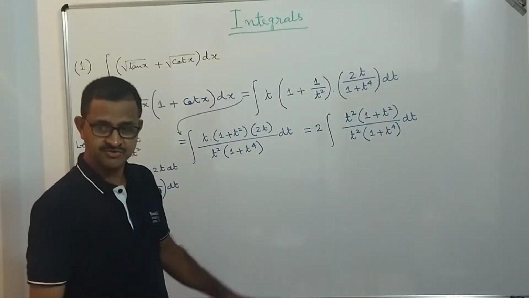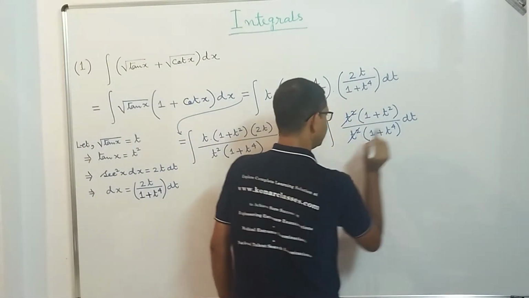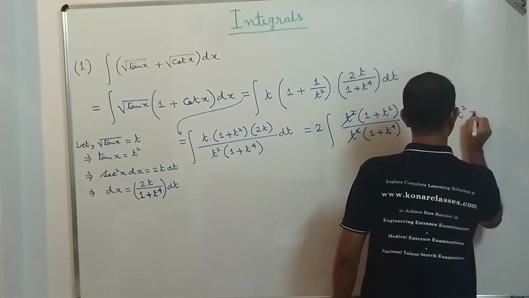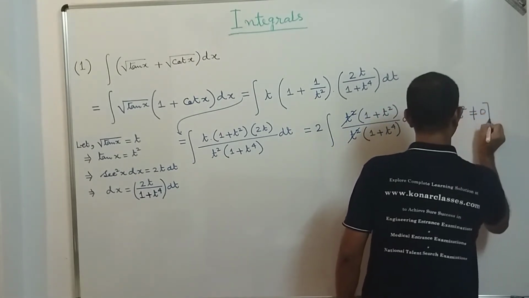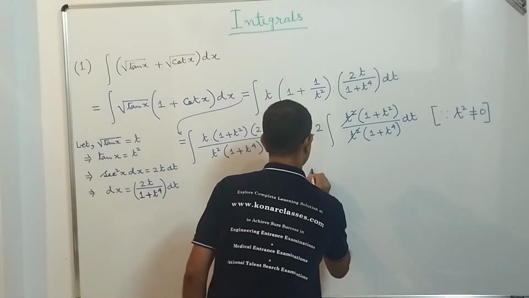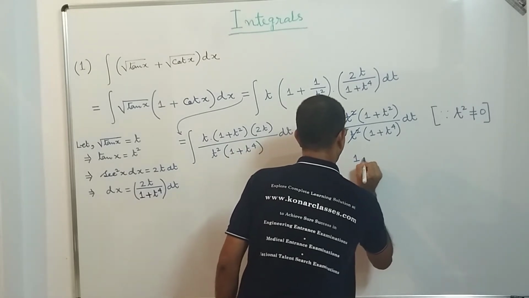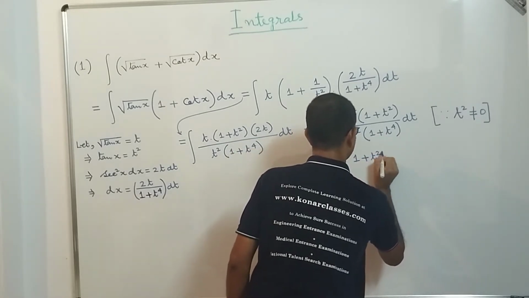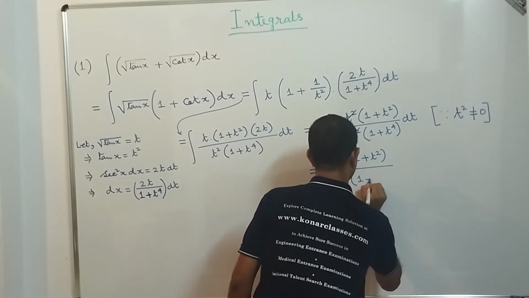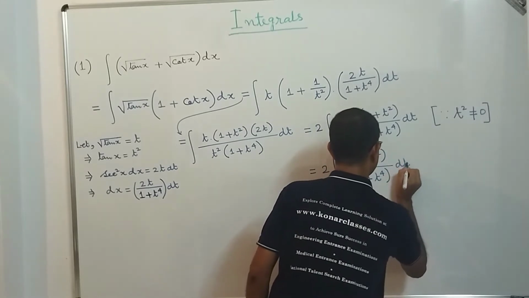So now, dear students, we can cancel this t square in the numerator and denominator, since t square is not equal to 0. So we get, this is equal to 2 into integration 1 plus t square by 1 plus t to the power 4 dt.